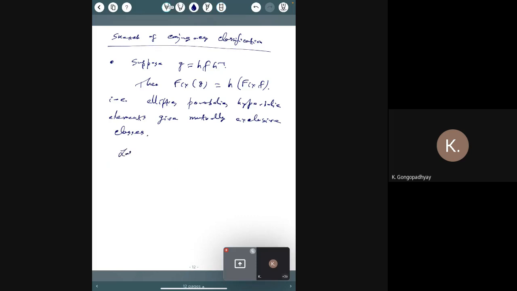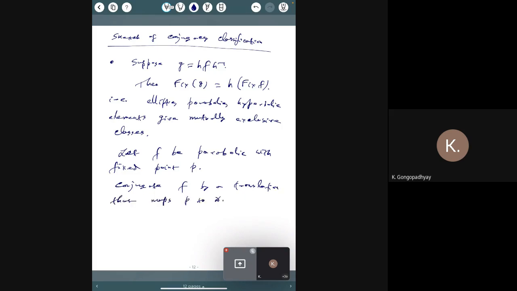Let F be parabolic with fixed point P, and let H be a map that maps P to infinity.